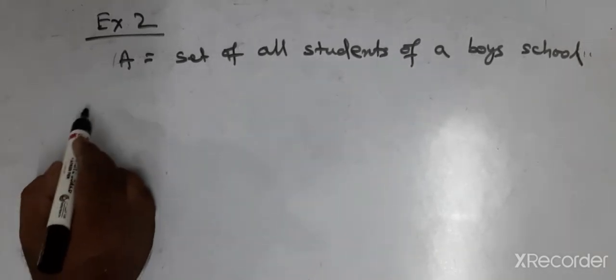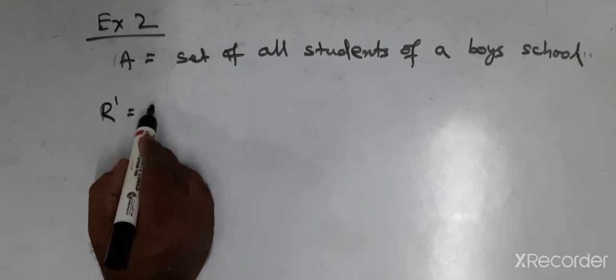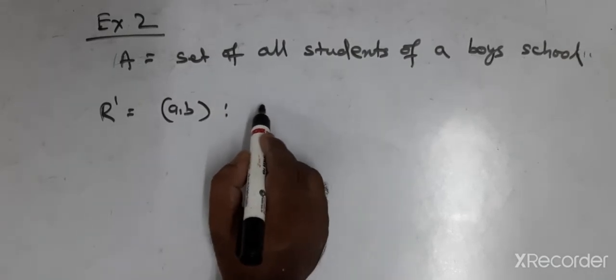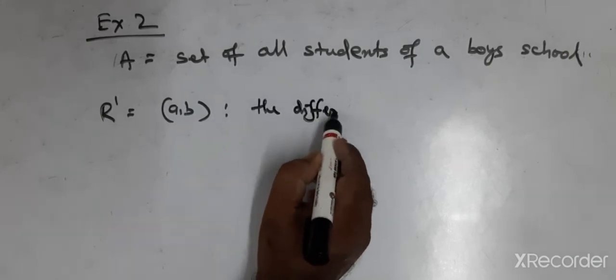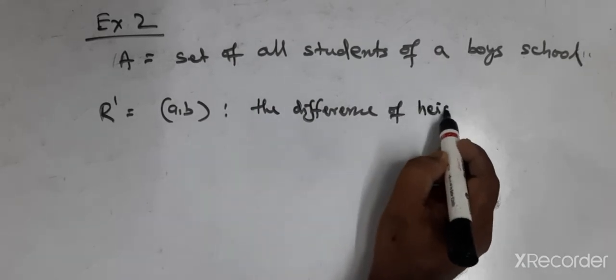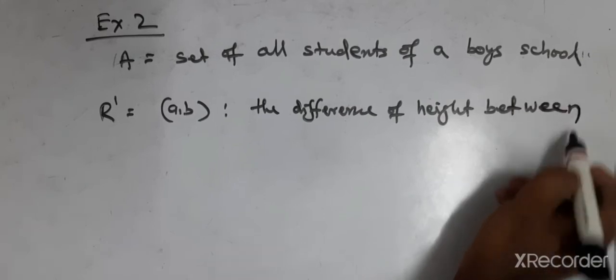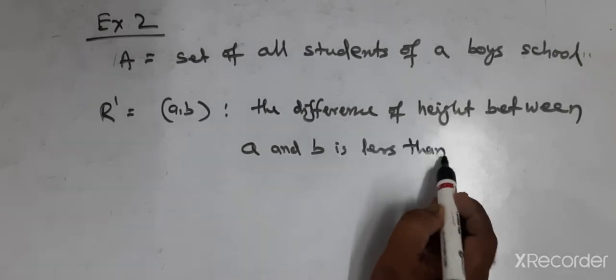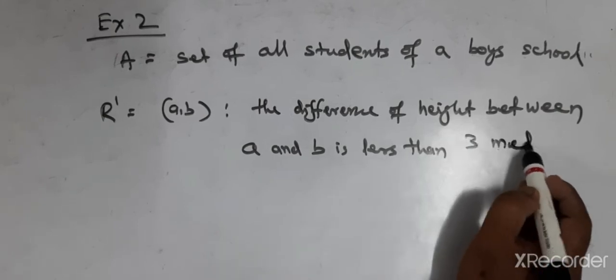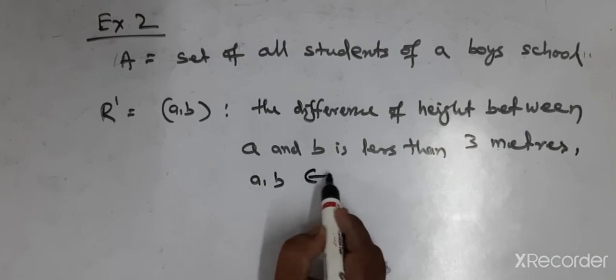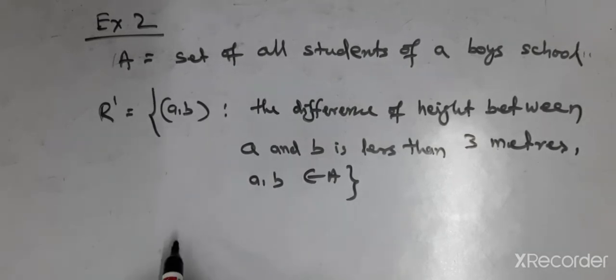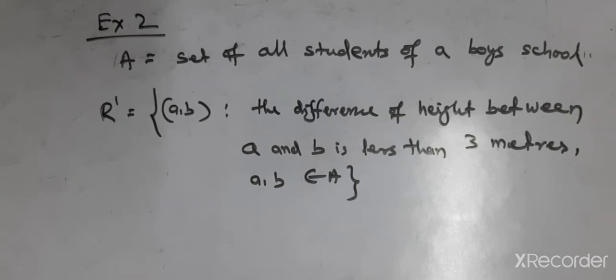Now consider a relation R' equal to (a, b) such that the difference of height between a and b is less than 3 meters, where a, b are elements of A. It is clear that you take any two students, the difference is less than 3 meters, because there is no person whose height is more than 2 or 3 meters.